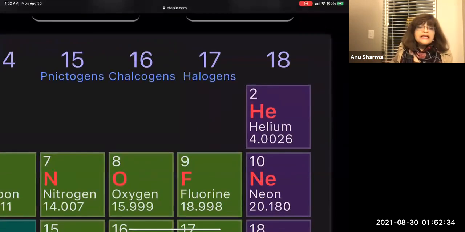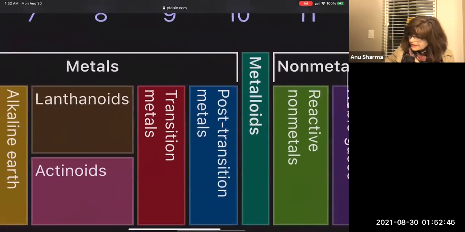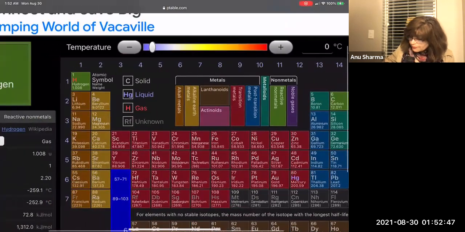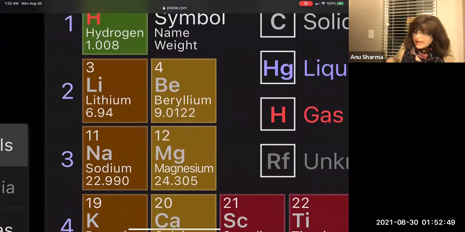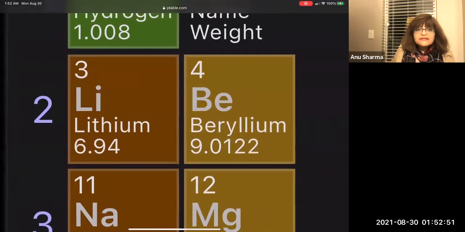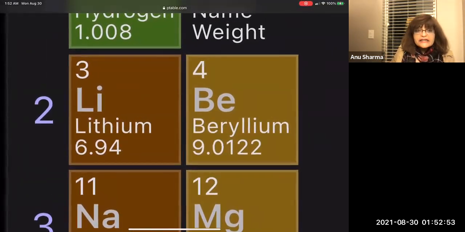Okay. Now, helium is a gas. You can't see it. You've seen the gas balloons, but you haven't seen the gas, right? So that's helium, with two protons. But you add one more proton and it becomes lithium. And lithium is a solid. It's a metal. And it is so reactive that it is placed under oil.